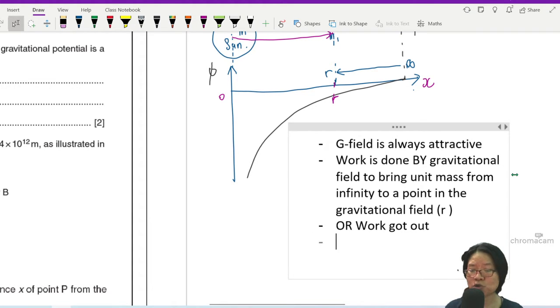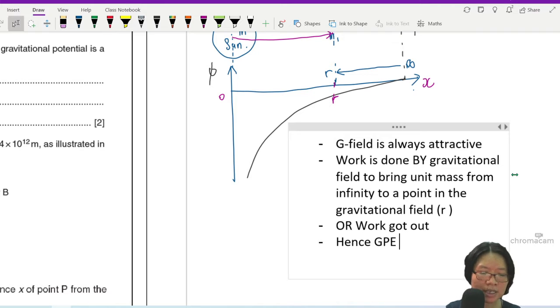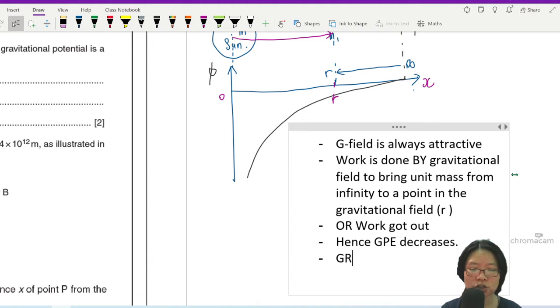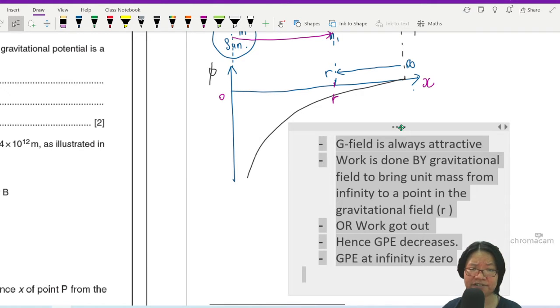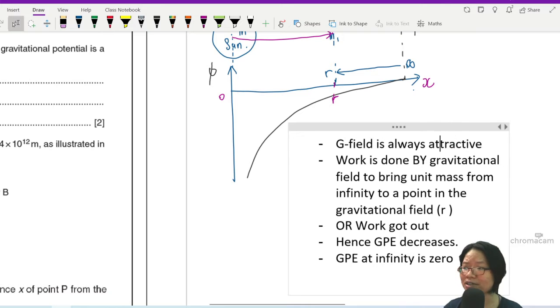Okay. So if work got out, then what I can say is hence GPE decreases. But GPE at infinity is 0. How do I know GPE at infinity is 0? Because infinity is very far away. The field is not acting.